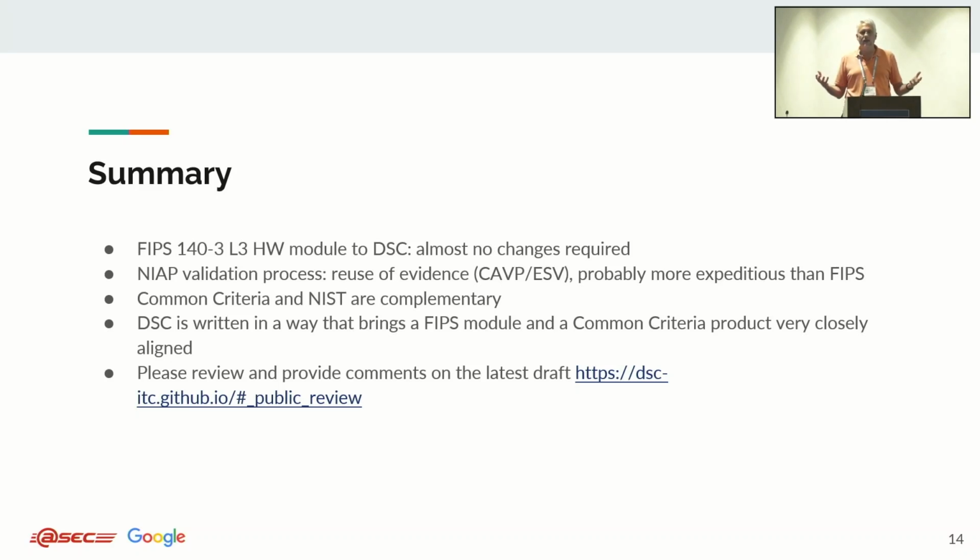And Common Criteria in general, and DSC in particular, is really trying to provide you that framework of, well, why are you doing these things, and what are the things I want you to be able to do with the crypto that you're including in here. So they really do complement each other.